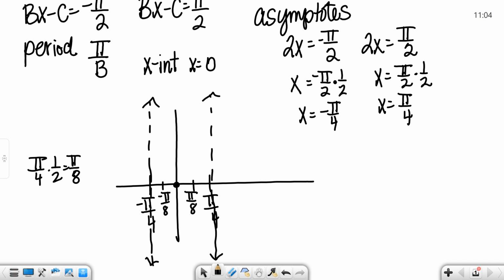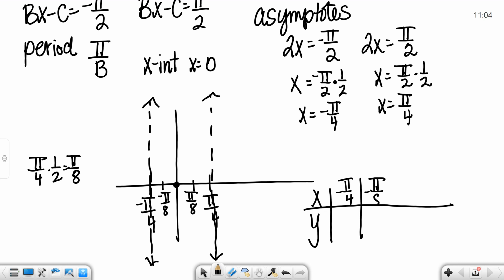Now we're ready. Now for those of you that are like, oh my gosh, Ms. Work, show the table. Okay, I'll show the table. Negative pi over 4, negative pi over 8, 0, pi over 8, and pi over 4. Now my y values for tangent, okay, we know that this one is undefined, it's an asymptote.